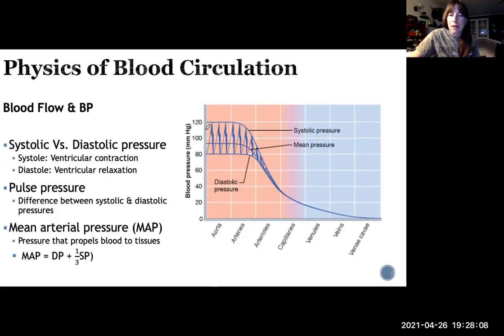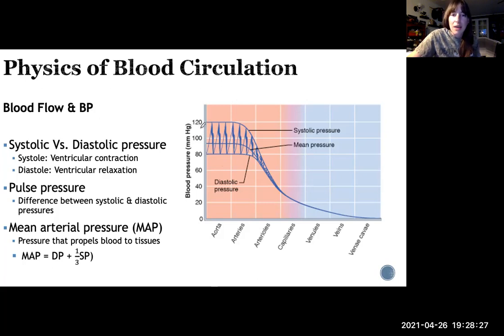You'll notice that both the systolic and the diastolic blood pressure, and therefore the mean arterial pressure, is going to go from being up here. This is going to be a normal blood pressure, systolic over diastolic 120/80.